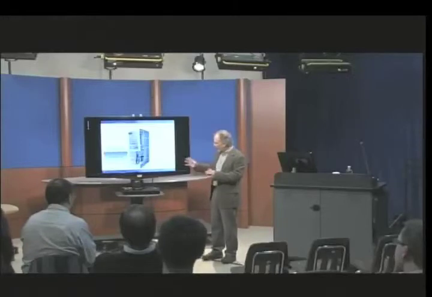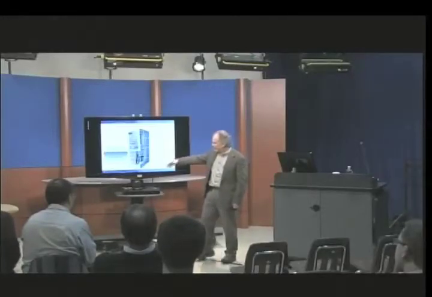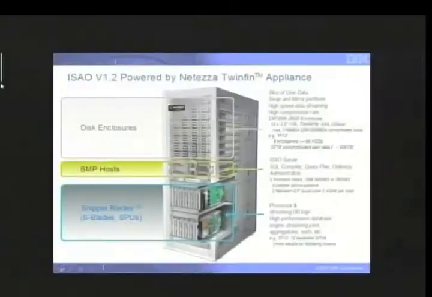So quickly, I'm going to give you a little bit of an overview of what Netezza does. There's a lot of things inside of this, but from your perspective, it's like a washing machine. You buy it and it has some buttons on the outside. It's an appliance. You don't buy so many of the disks and so many of this and that and put it together yourself. You buy a box. Inside the box, you have disk. You have a couple of SMP hosts.